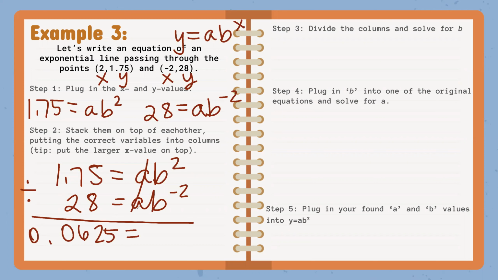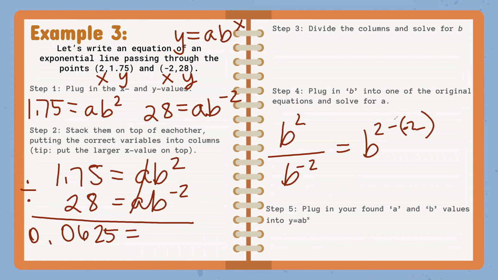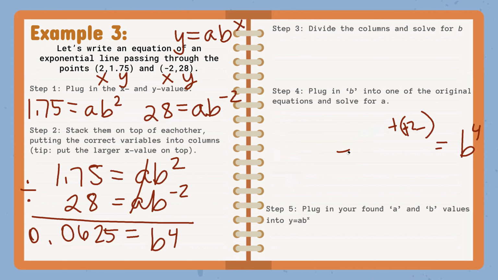The a is reduced to 1. B squared divided by b to the negative 2. Well, when you're dividing exponents with the same base, you can just subtract them. Minus a negative makes it a plus. So I get b to the 4th power. And that is what I have so far for step 3.